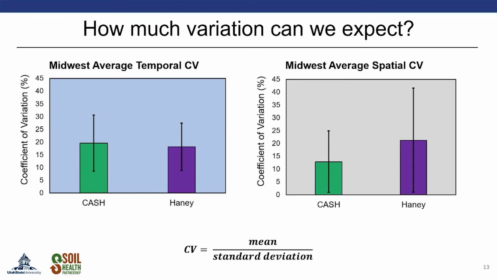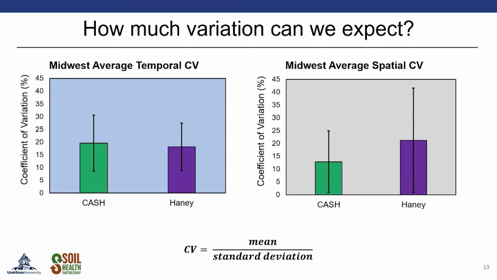Now, how much variation can we expect in these soil health tests? For the CASH index score, the average temporal coefficient of variation was very similar to the Haney test. So from year over year, we found it's about 20% CV. But spatial coefficient of variation is a little bit different.